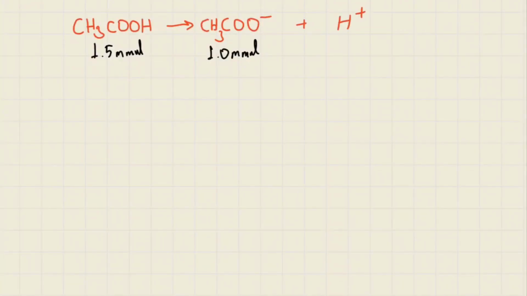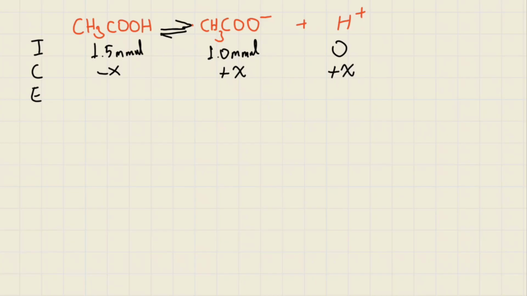So we have converted to molarity, and it is actually a back and forth reaction. We don't have hydrogen plus here at the beginning, so I could make an ICE table, where this will decrease a little bit and these will increase a little bit. But instead of using the x, there's an easier way here.